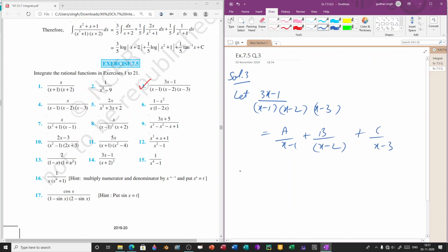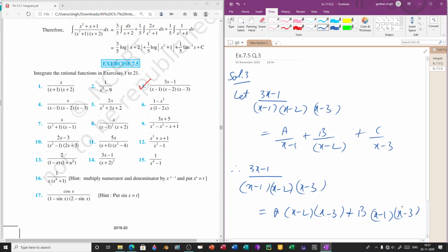Now simplifying it, we keep the left hand side as it is, therefore 3x minus 1 over x minus 1 into x minus 2 into x minus 3 equal to, we will be getting A into x minus 2 into x minus 3 plus B into x minus 1 into x minus 3.